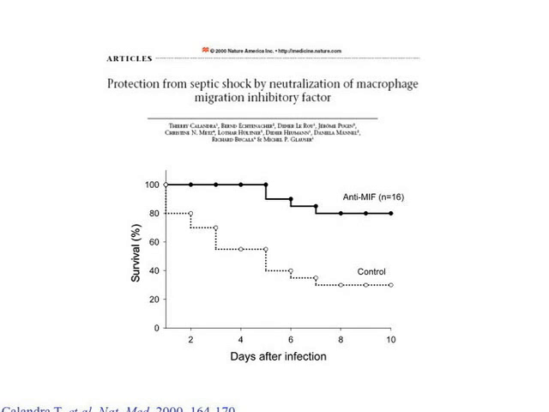They gave animals antibodies. Animals which received anti-MIF antibodies improved survival to almost 80%, compared to animals which received only control antibodies, IgG, where you get only 30%. So this is the first study which links MIF in animals and humans to sepsis.